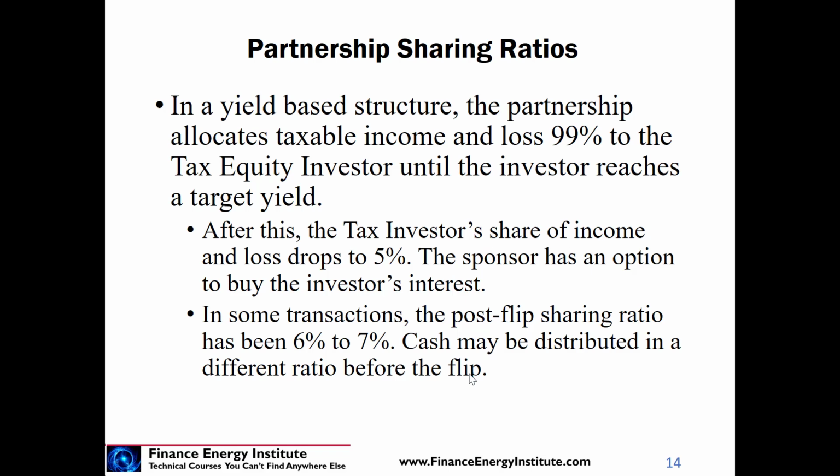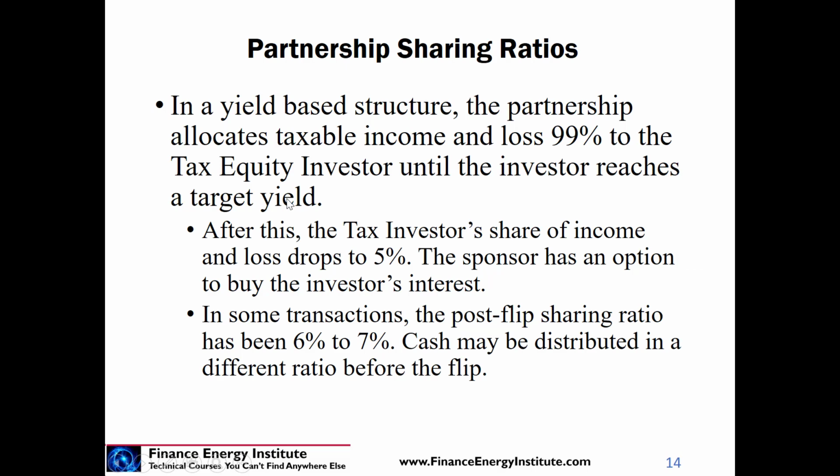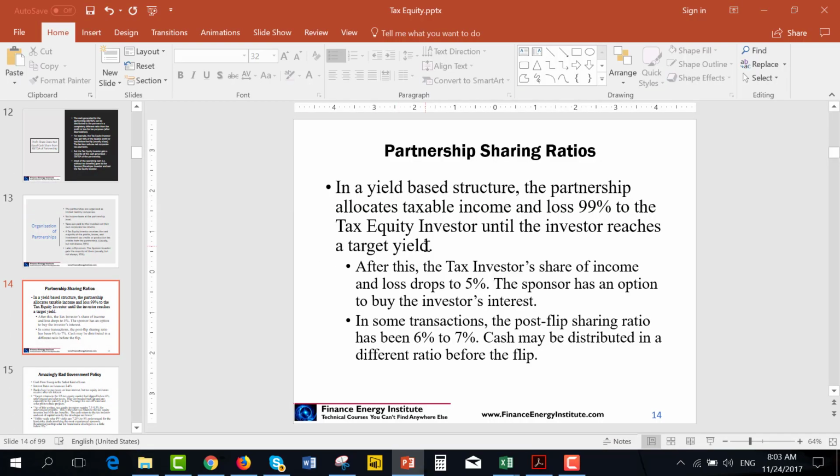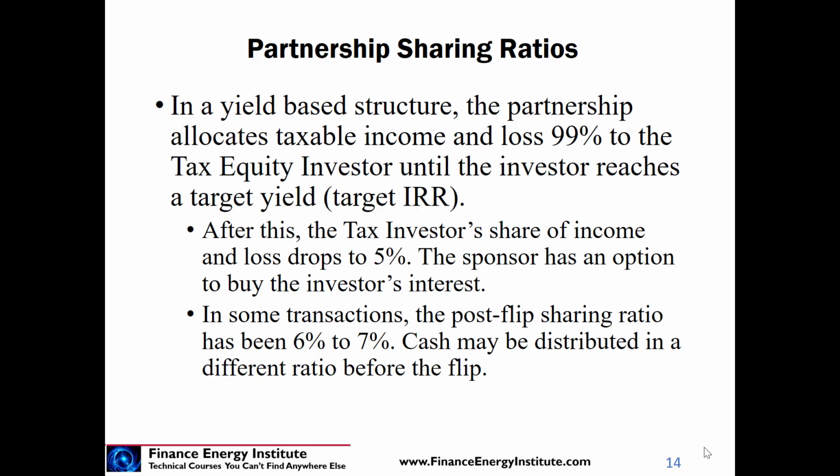So here's an example. There's this thing called a yield-based structure, where income goes to this tax equity investor until they reach a target yield. Now, that's a target IRR. You should be really careful, because people mix up the terms yield and IRR just a little bit.